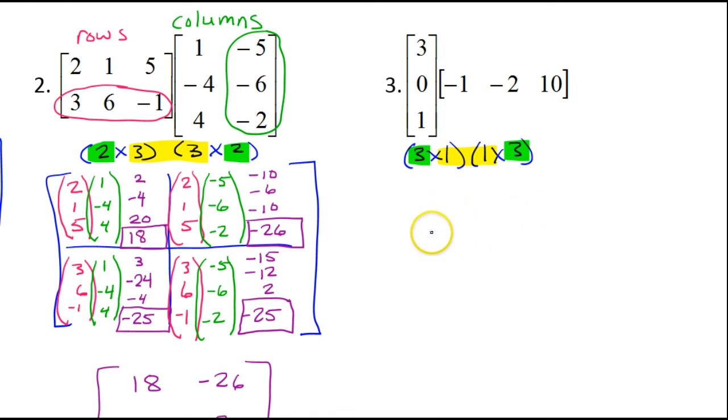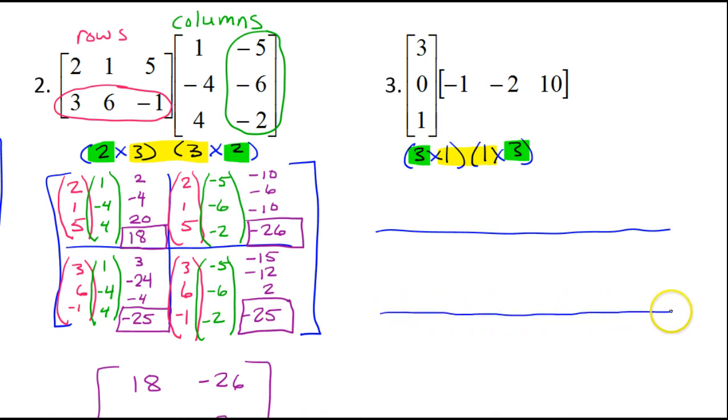Now that's super important because as I set up to do my work, I need to draw a giant 3 by 3 matrix. Okay, I'm just trying to make sure I have enough room.